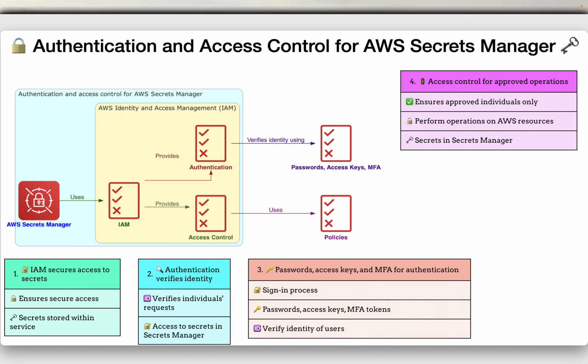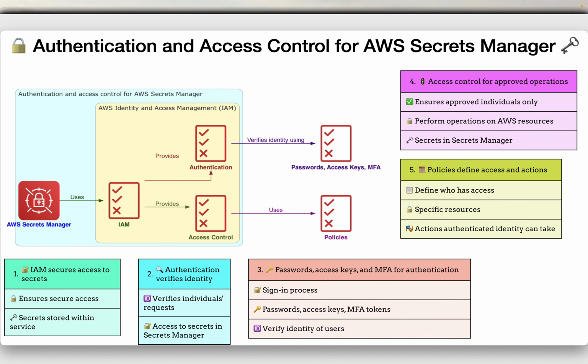IAM also provides access control, ensuring that only approved individuals can perform operations on AWS resources, such as secrets in Secrets Manager. Secrets Manager uses IAM policies to define who has access to specific resources and which actions the authenticated identity can take on those resources.